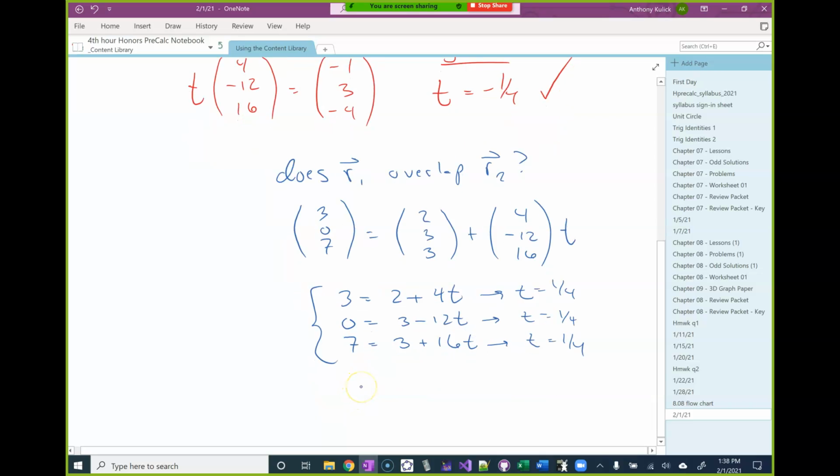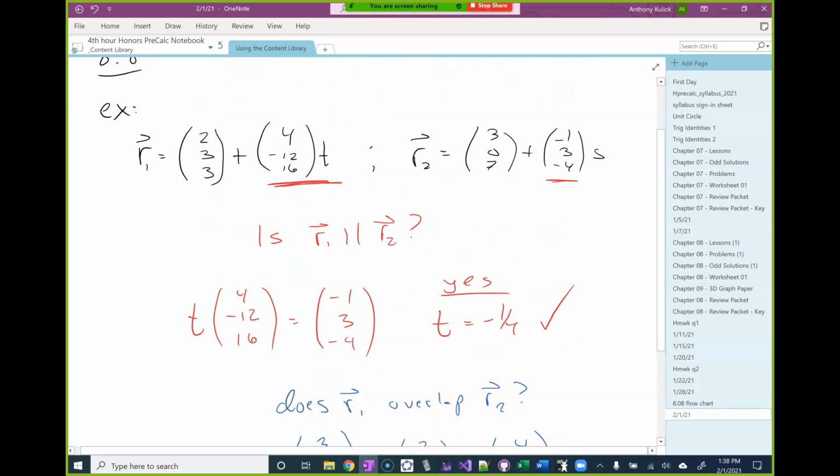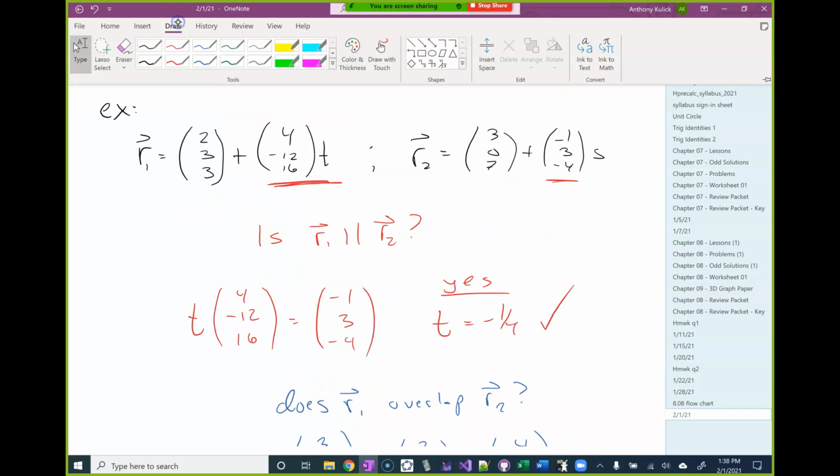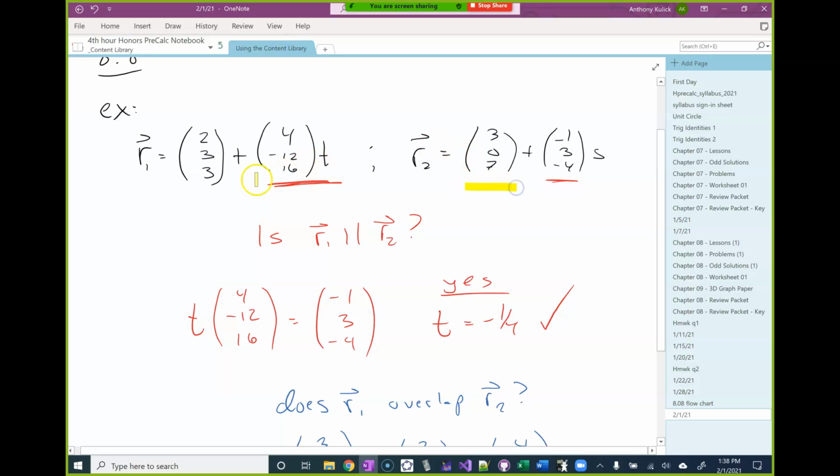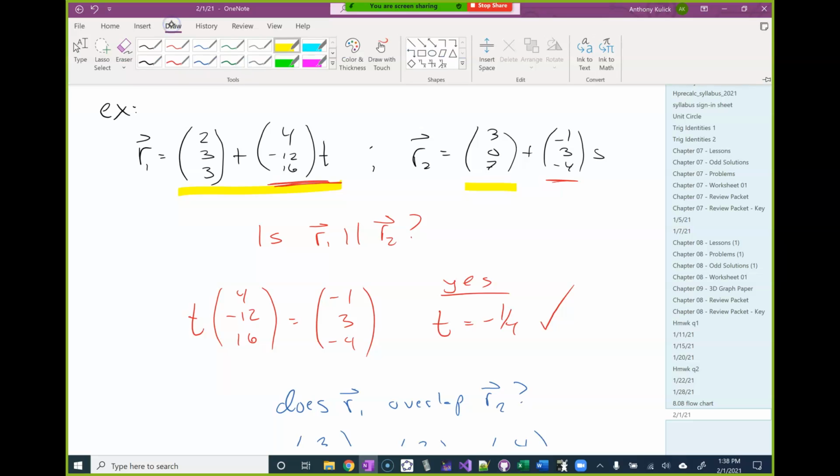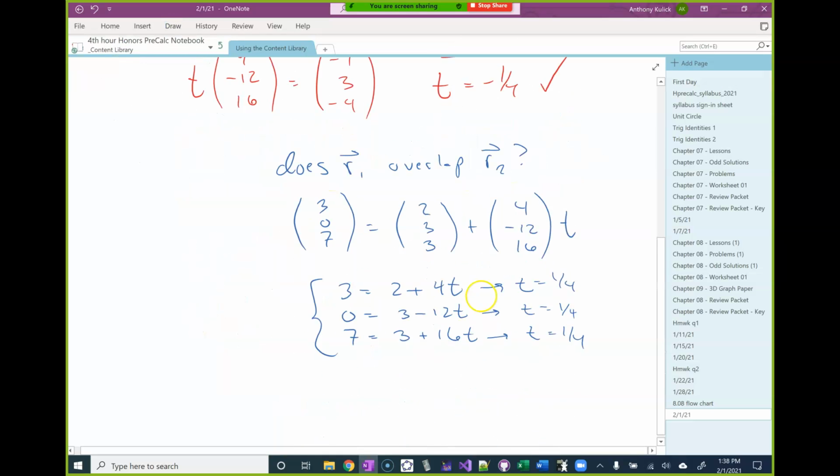So what that says is that that point vector from R2 lies on the line for R1. So those two are coinciding then.